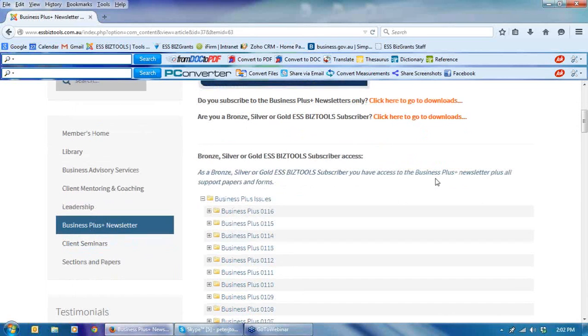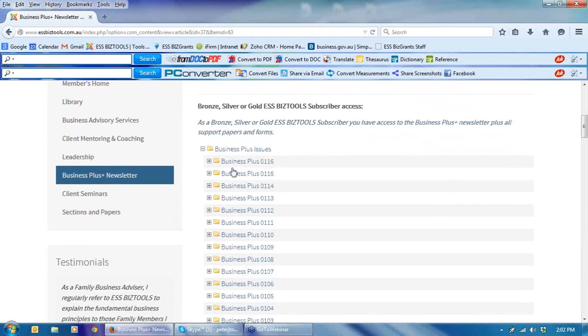The newsletter is produced each month except for January, and there are two additional editions produced in May each year, one on the federal budget as it applies to small, medium enterprises, and the second is an end-of-year tax planning checklist.